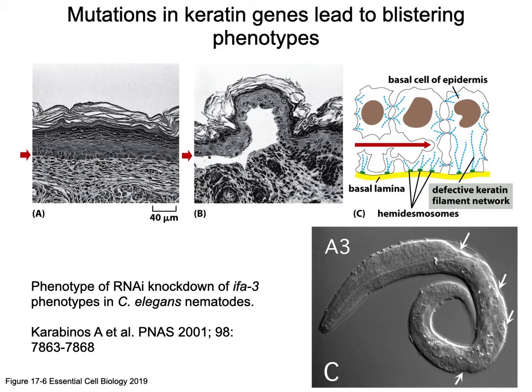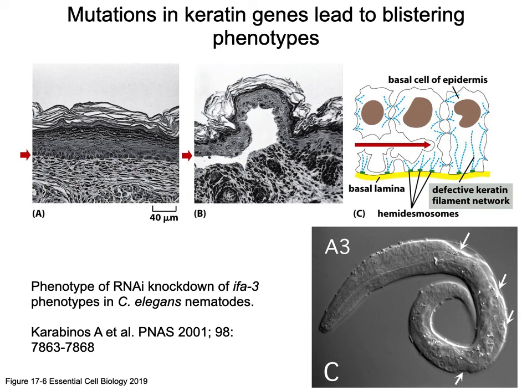And so we can see how that connective tissue that would be holding those cells together isn't able to do that. And so on C, we just have a kind of cartoon of what's happening. And again, we end up having this shearing effect so that there's separation between the cells.